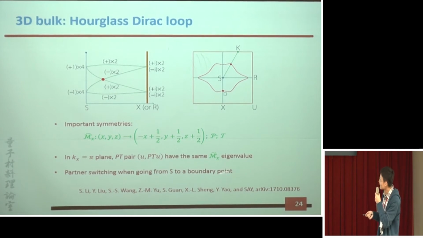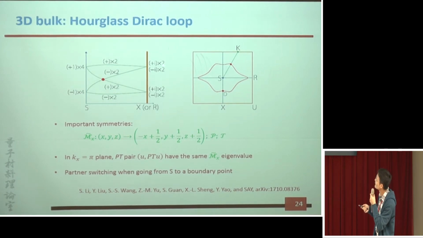Another important observation is that by going from one high symmetry point, the S point, to a point on the boundary, for example X or R, or to arbitrary points, there must be a partner switching between the Kramers pair. For example, here, the four degenerate states all have a positive 1 eigenvalue.